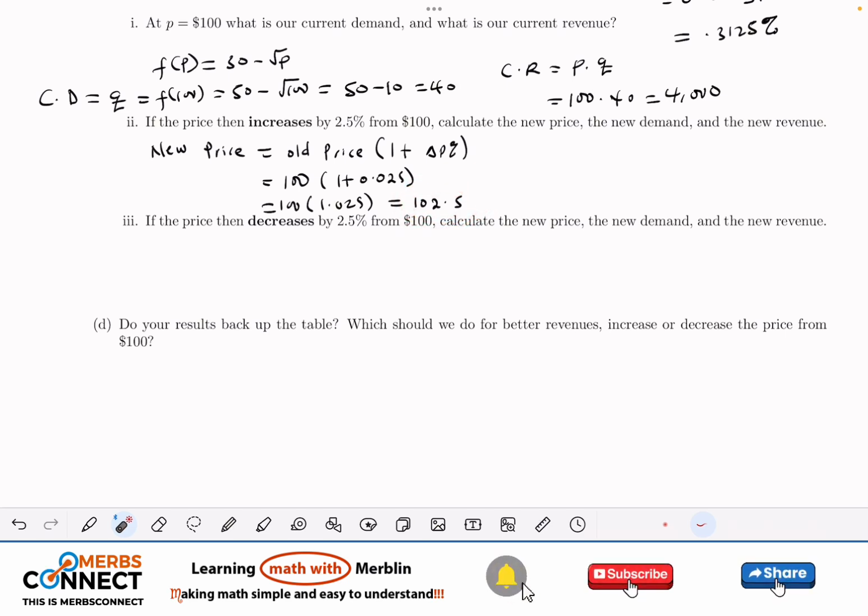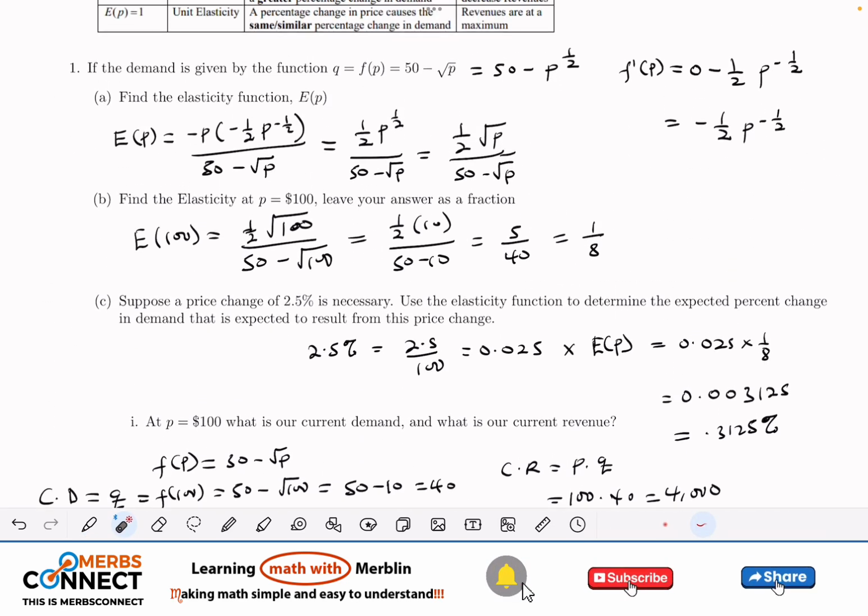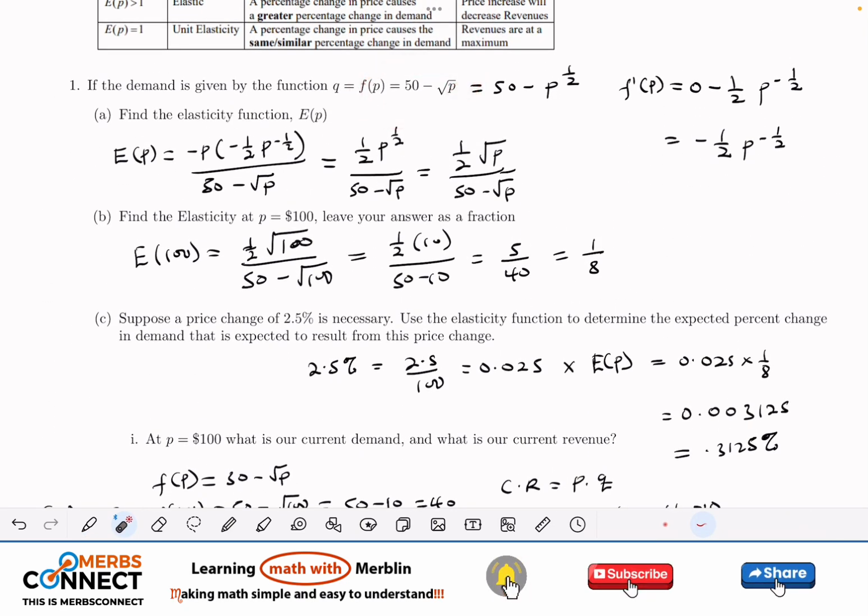So since we have gotten the new price, what do we need to do again? We need to use the new price to find the new quantity demanded, or the new demand, and then the new revenue. So what will be the new demand? The new demand will be equal to, so we know the demand equation. This is the demand equation. So all we need to do is plug in the new price.